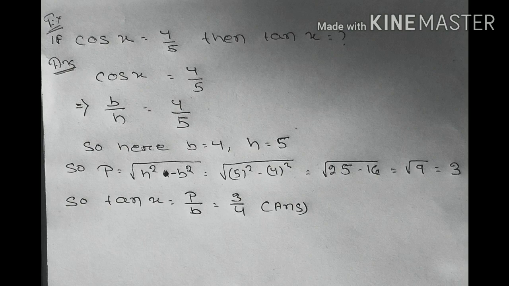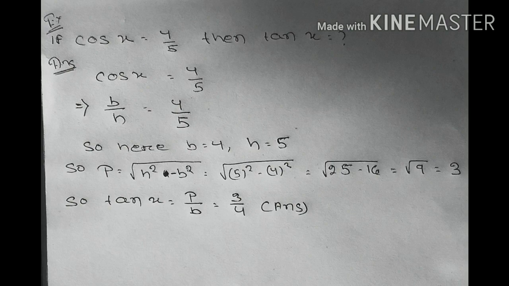From the Pythagoras theorem we know that p is equal to the square root of h square minus b square. Here h square means 5 square and b square means 4 square. Then 25 minus 16 under root is equal to root 9, which is equal to 3. So here we find that p is equal to 3.